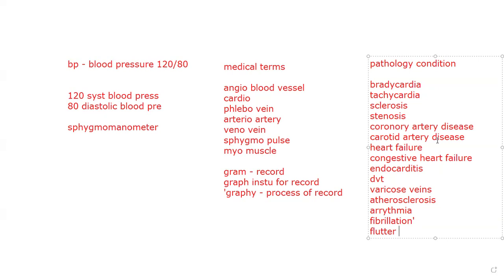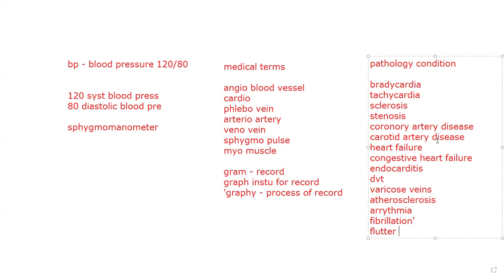Endocarditis is inflammation of the endocardium. DVT is deep vein thrombosis, which means a blood clot forms, especially in the legs. Varicose veins means enlarged, twisted veins that happen in the legs.